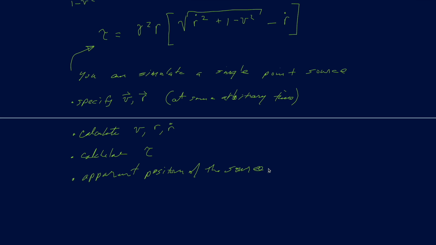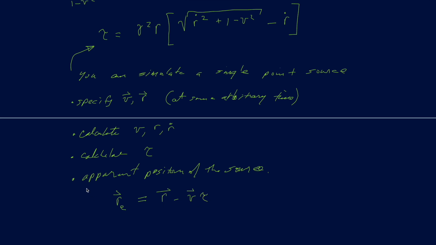And to be clear, what you do is you simply take the R apparent, which is actually R emit, so I'm going to use an E. The apparent position is equal to R, the value that you input over here, minus V times tau.